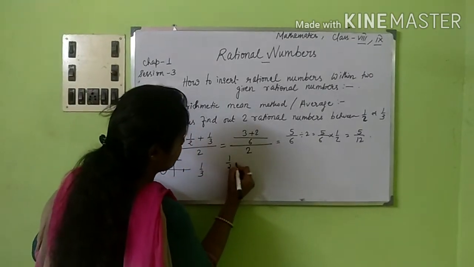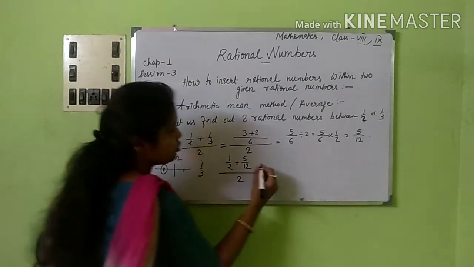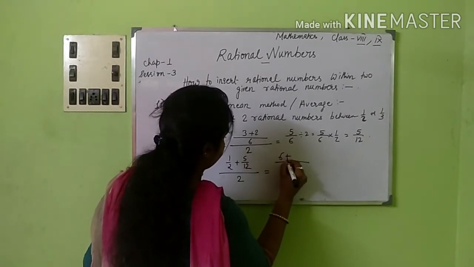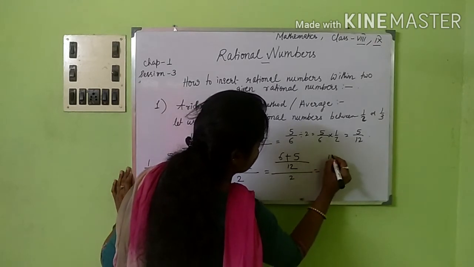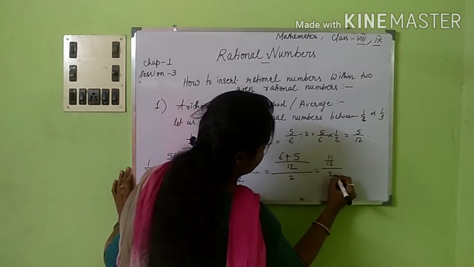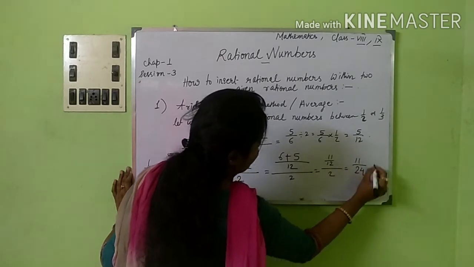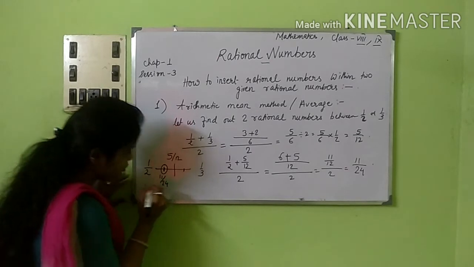That means (1/2 plus 5 by 12) whole divided by 2. So you get, LCM 12, 6 and 5, whole divided by 2. That means 11 by 12 by 2. So you get 11 by 24.